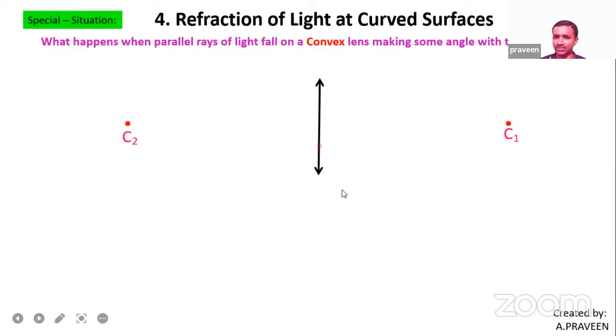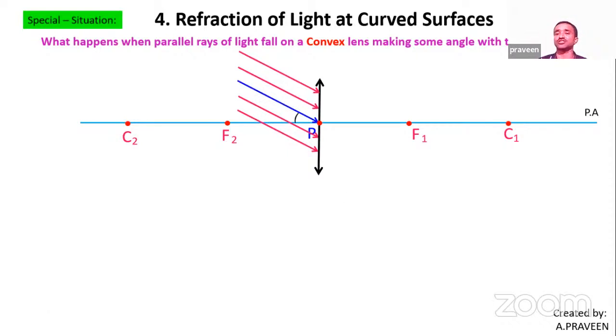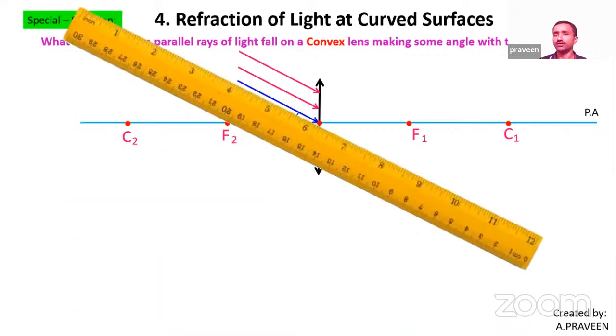It was already explained in the morning, but for simple understanding I will show you once again here. A parallel beam of light rays makes an angle with the principal axis. The light rays are only parallel to each other, but they are not parallel to the principal axis. So simply, extend that light ray which passes through the optic center without any deviation.